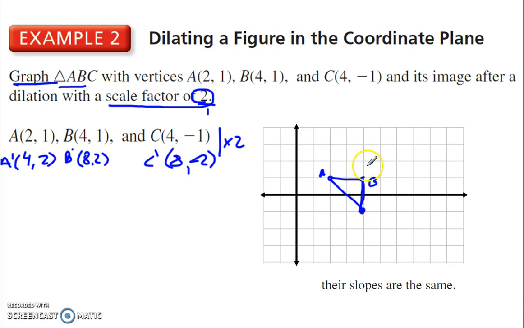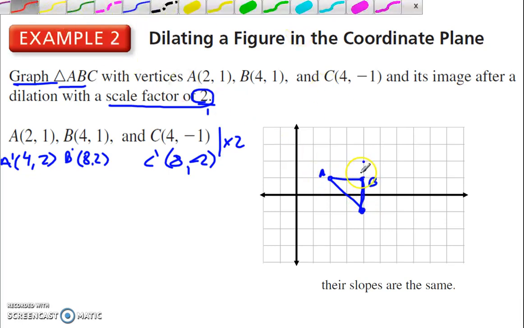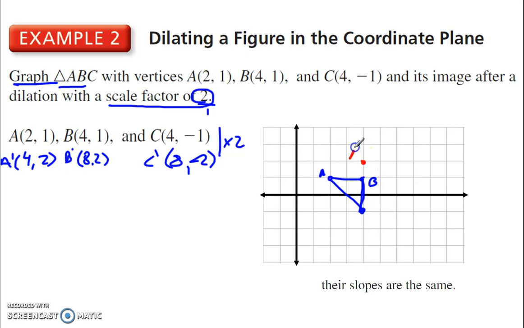Alright, so 4 and 2. Let's change colors here. 4 and 2, A prime. There we go. 8 and 2, there is B prime.